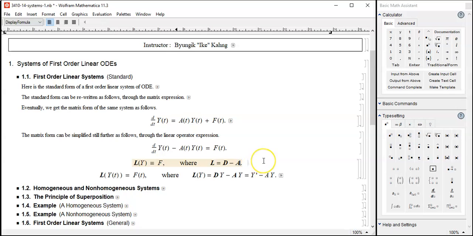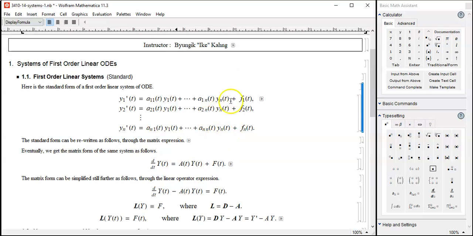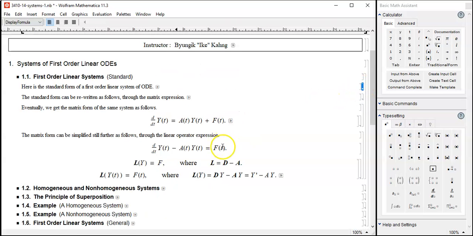So if I define my L as D minus A like this, then this whole expression, which became that, can be simplified even further to this. L of y equals f.